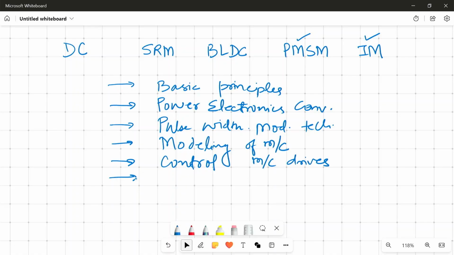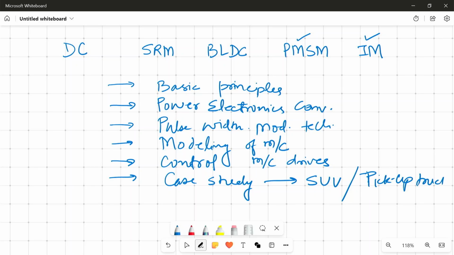At the end of this course, we would also have a case study involving some high-end SUV or pickup truck to understand the criticalities involved with the design and control of these vehicles.